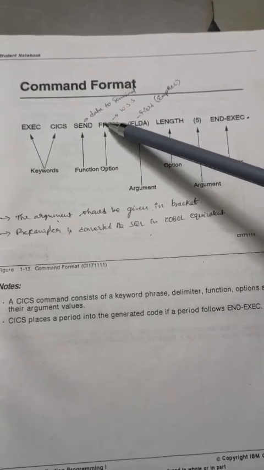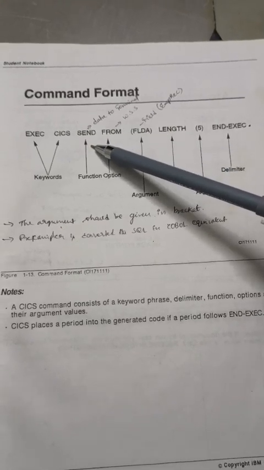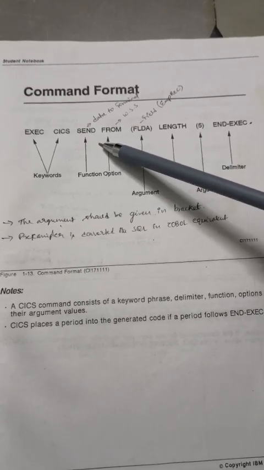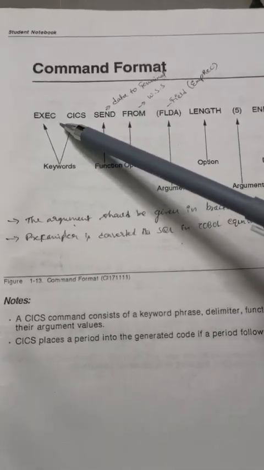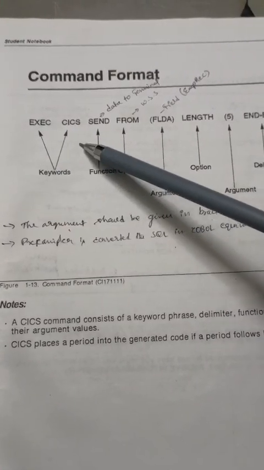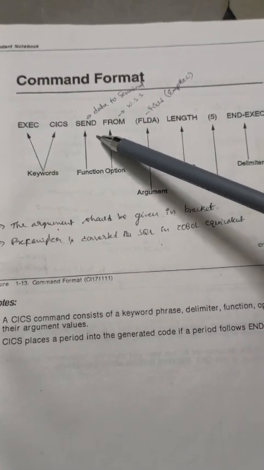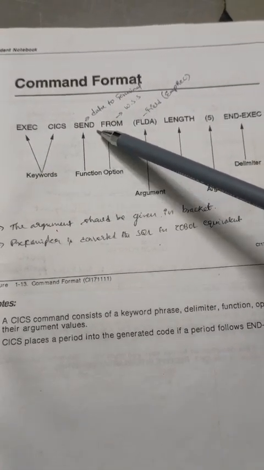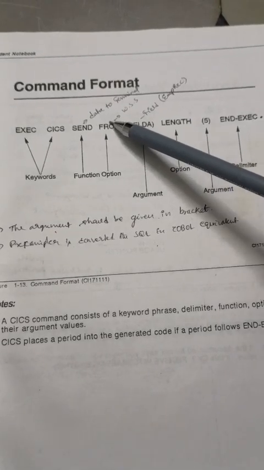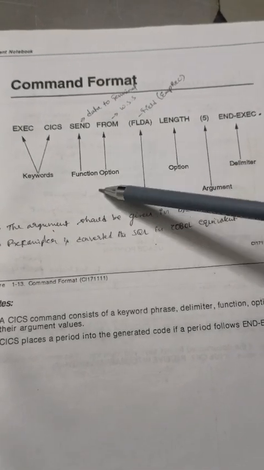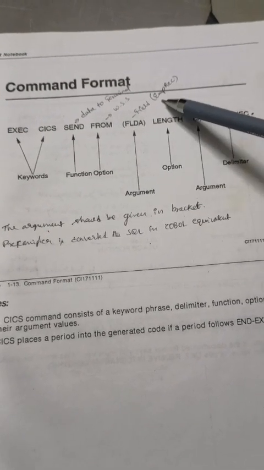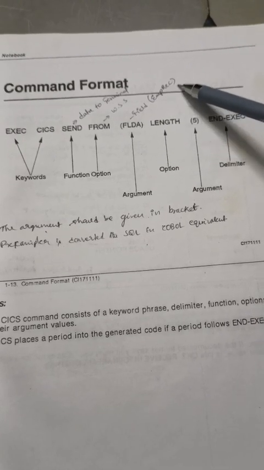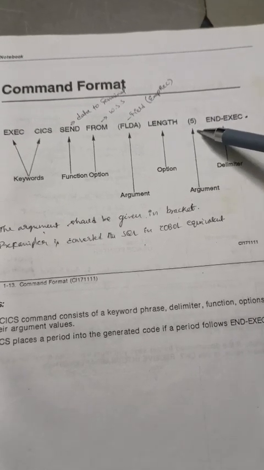This is the main command format for CICS; any CICS command needs to follow it. These are the keywords EXEC CICS, then the function you are going to call, whether SEND or RECEIVE, then options and argument values, for example a working storage field and the length you are going to pass.